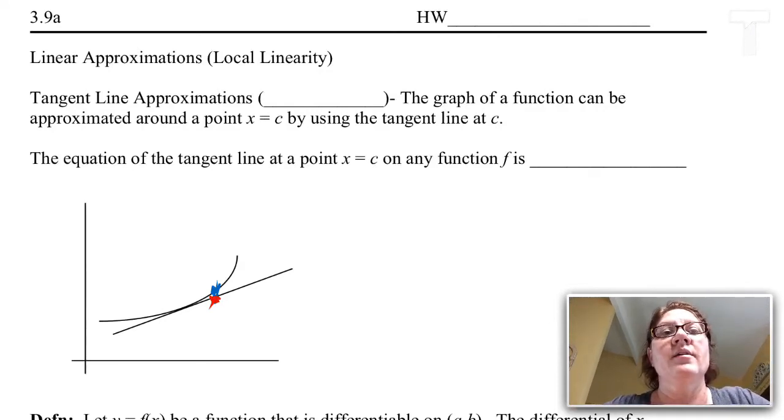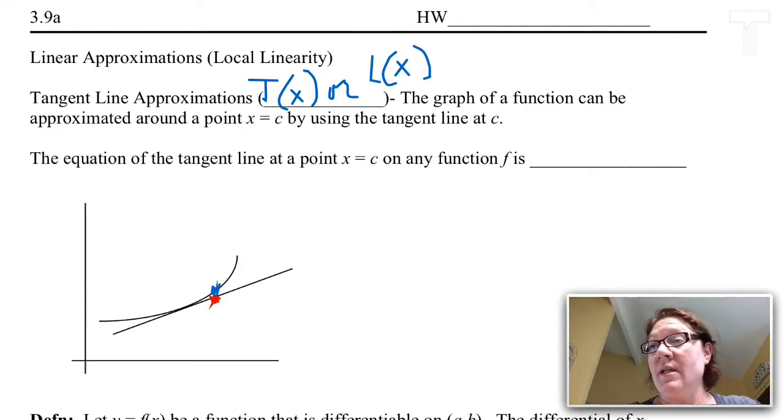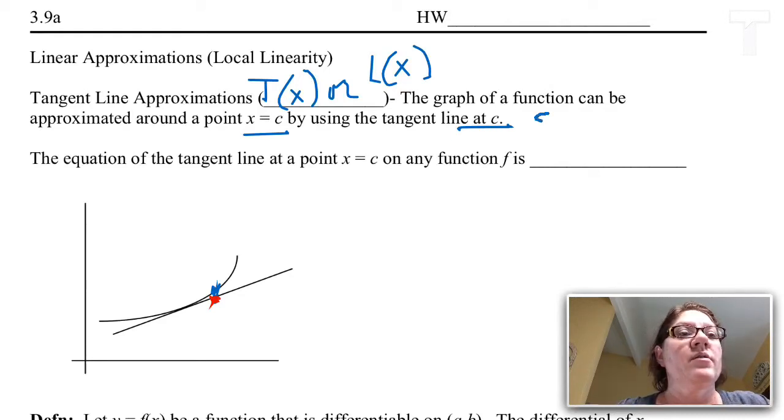Okay, so to start with the notation, they'll sometimes call them T of x, or you'll see it written as L of x. Both of those are tangent line approximations. And I have to remember that if I'm finding an approximation around this point x equals c by using the tangent line at c, the first thing I would know is the slope would be represented as f prime at c.